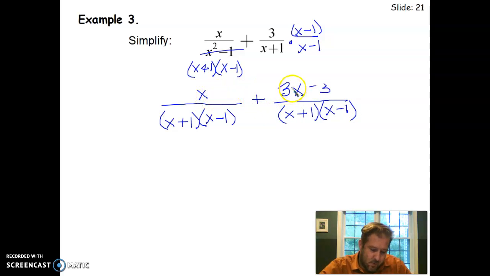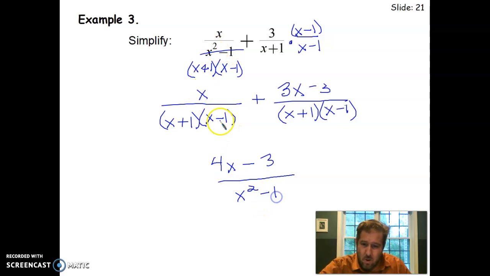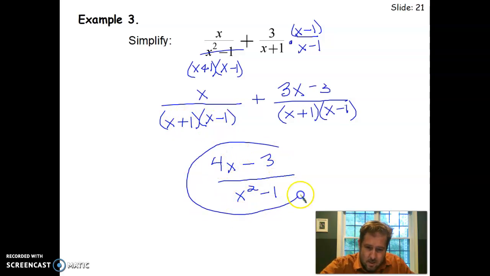So x plus 3 more x's is going to give me 4x, and then there's no constants here, so minus 3 makes minus 3. And then we have this, which is really just x squared minus 1. I could have just left it as x squared minus 1, or you could leave it as x plus 1 times x minus 1. Honestly, it's the same thing, only factored.